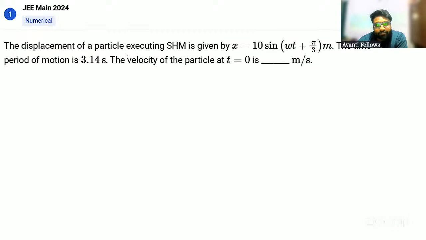The displacement of a particle executing SHM is given by x is equal to 10 sin(omega t plus pi by 3). The time period of the motion is 3.14. The velocity of the particle at t equals 0? देखो अभी previous case मैंने solve किया है. Now you will solve it and let me know the answer within 1 minute.